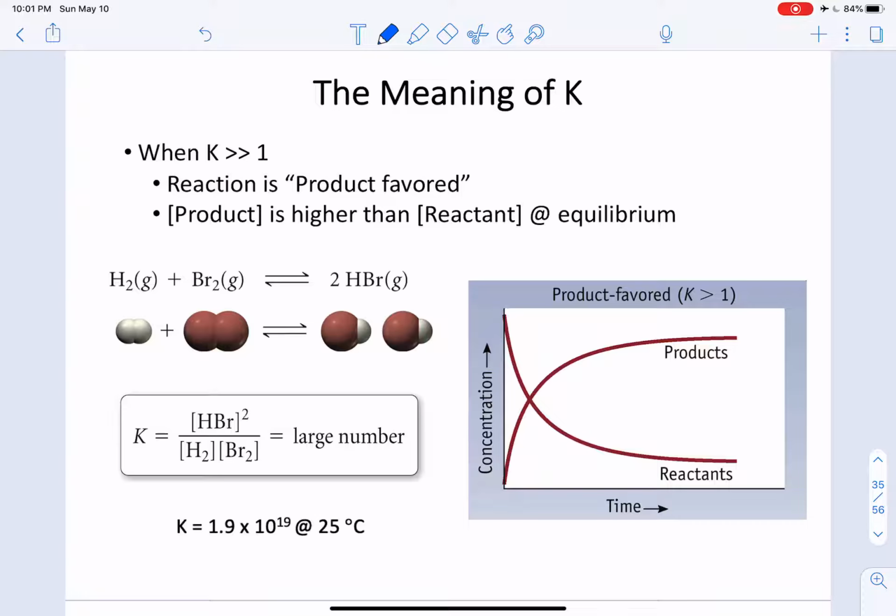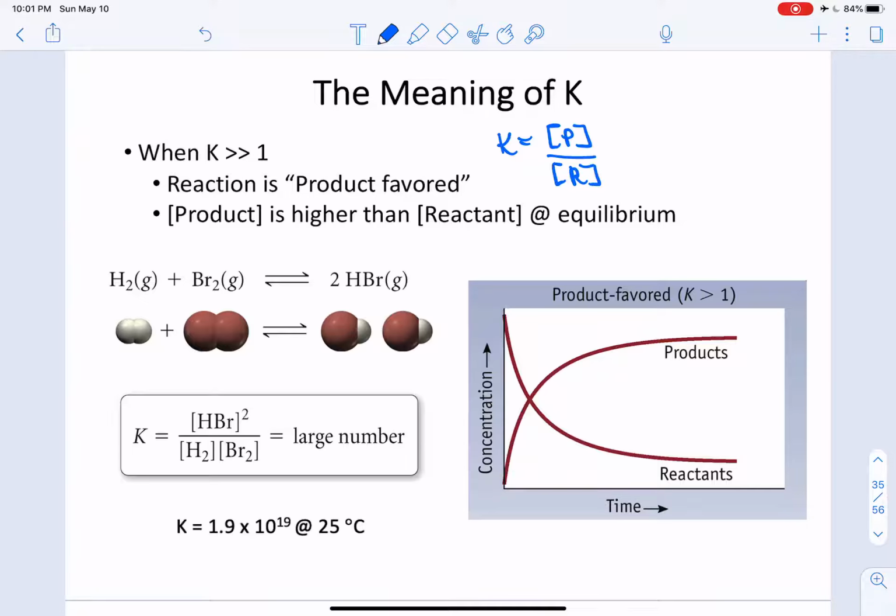And when you have a K that's greater than 1, it means that you have a product favored reaction, which means that your reaction will make a lot of product and there will only be a little bit of reactant left over at equilibrium.